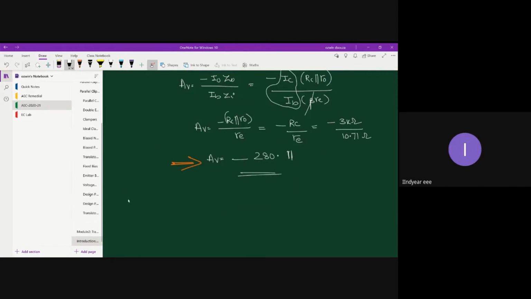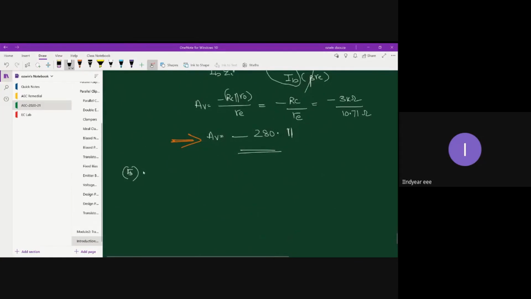Now let us find out the fifth part. What is it that we should do? We should find Z0 as well as AV with R0 equal to 50 kilo ohm. So let's find Z0 with R0 equal to 50 kilo ohm.